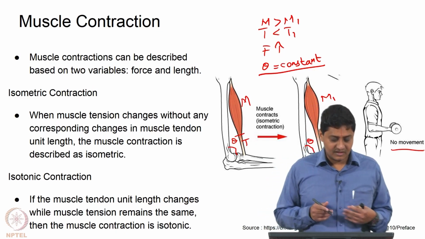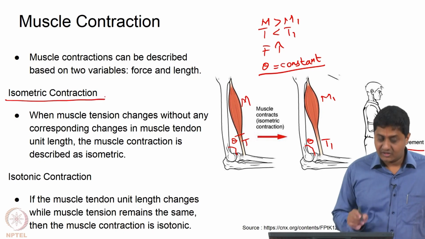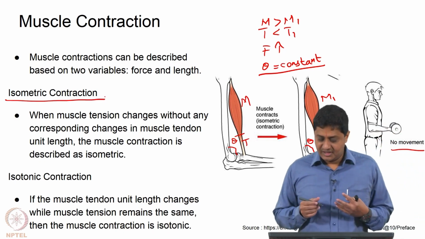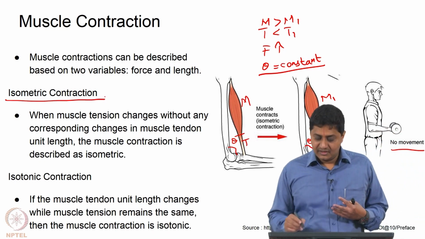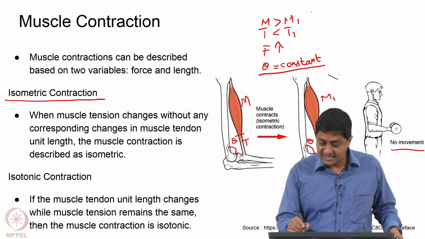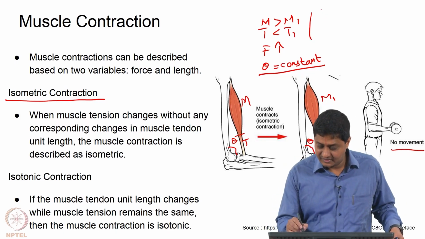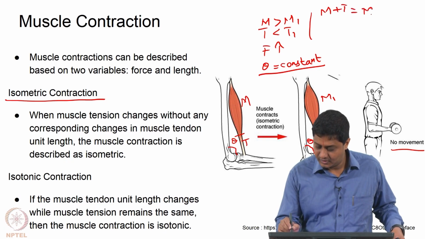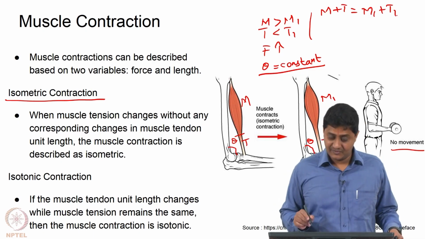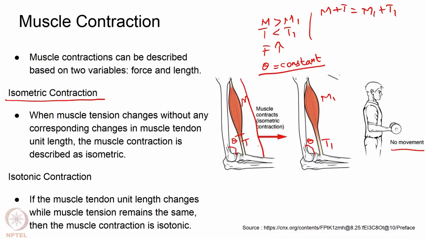This is the case of isometric contraction or isometric force production, the case in which this change happens in such a way that m plus t is equal to m1 plus t1. This is the key, this is the isometric part there, or in other words that length remains the same.